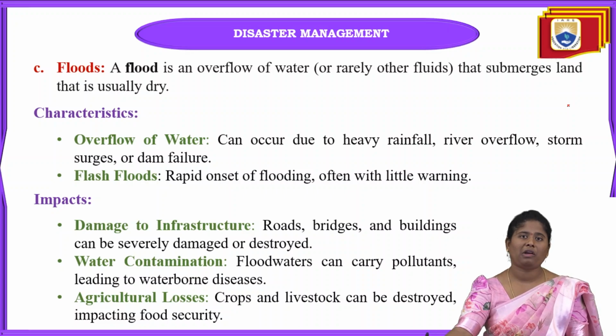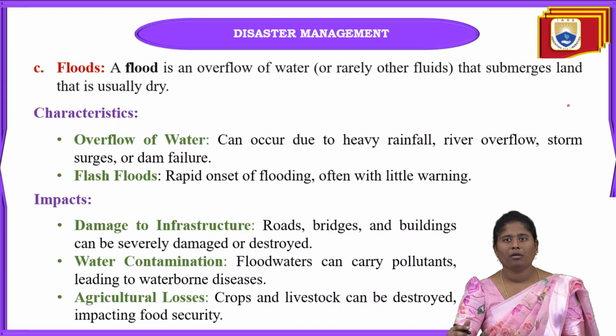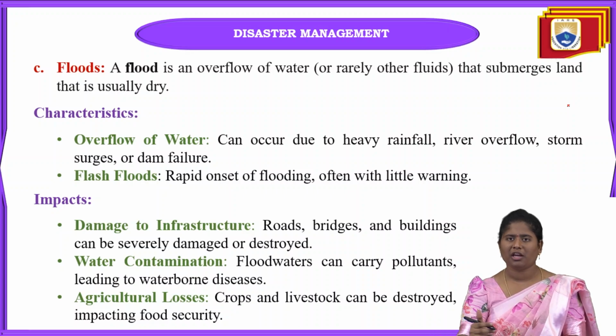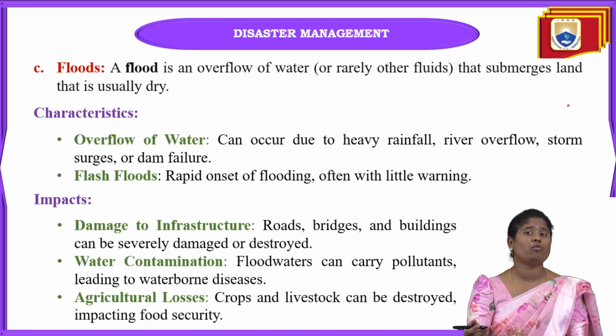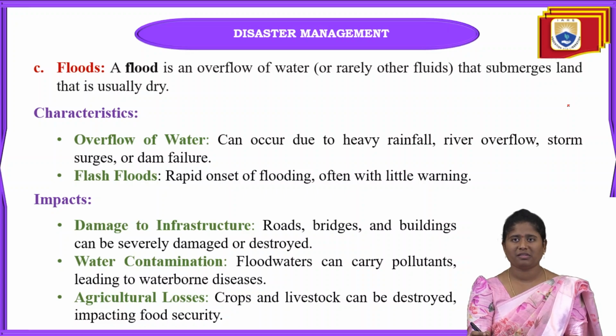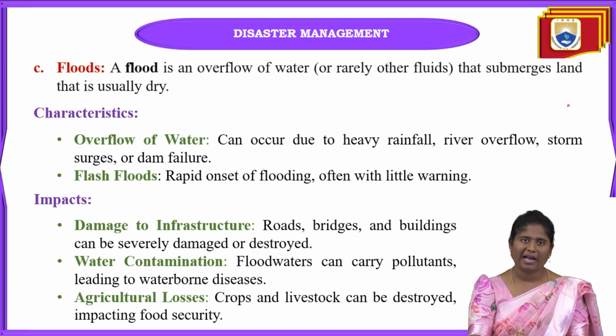Next is flash floods. Here, there is a rapid onset of flooding, so only little warning may be there. Floods occur, but little warning can be seen in flash floods.